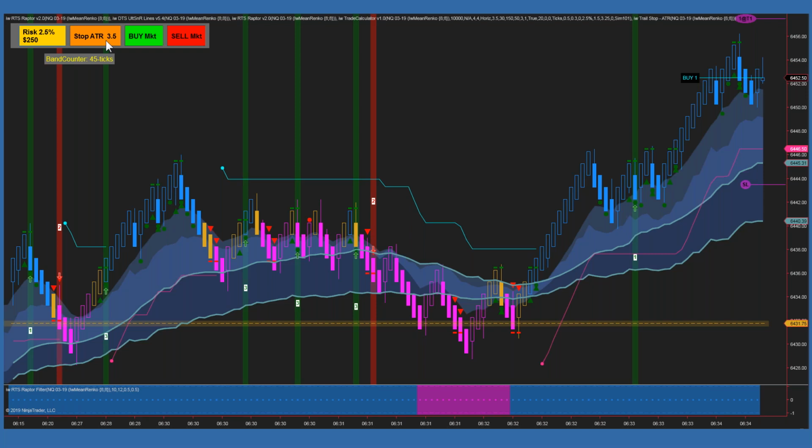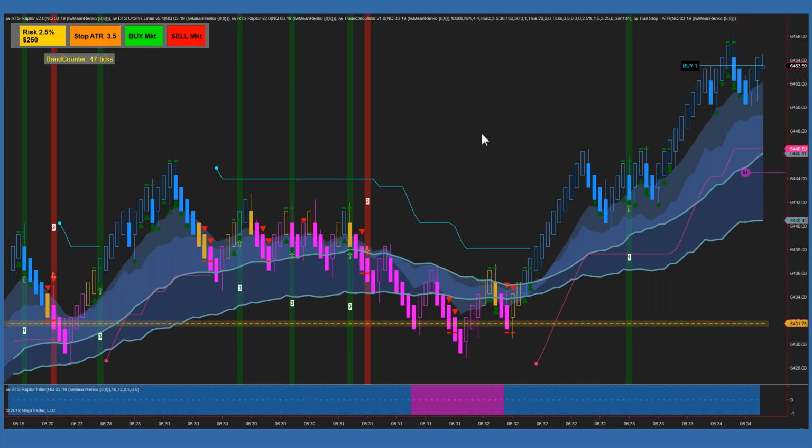Currently, this is the stop strategy I'm running. And with the trade calculator, your stop is just your initial stop. You will manually manage your stops once your trade is underway. And in a little while, we're going to be looking at how to employ the chart trader from NinjaTrader.